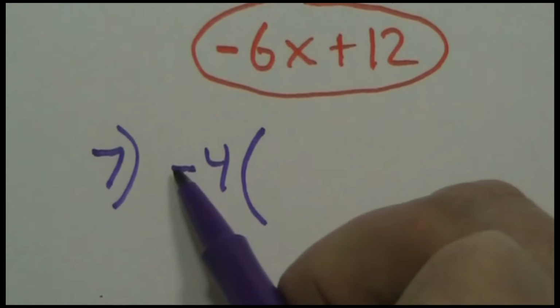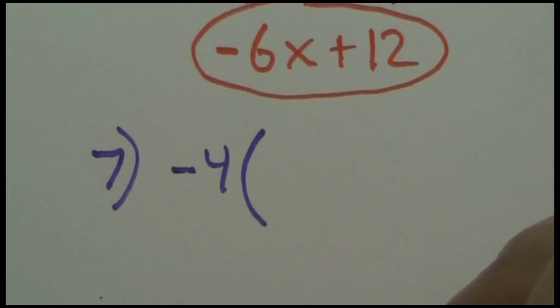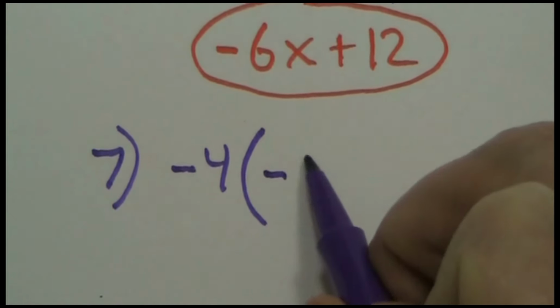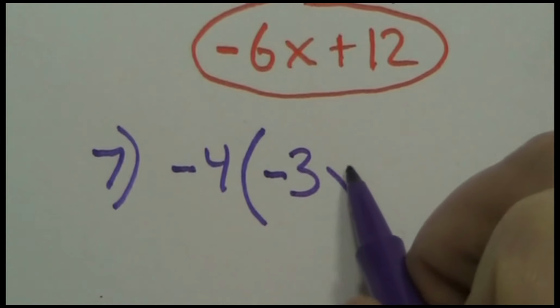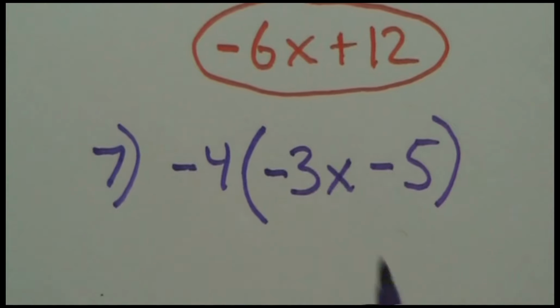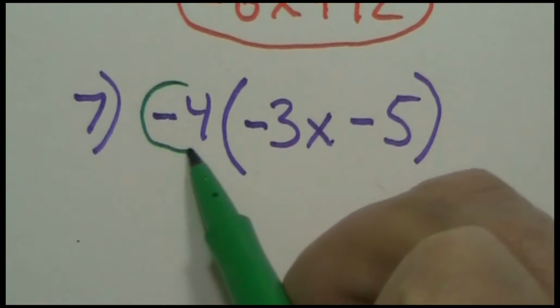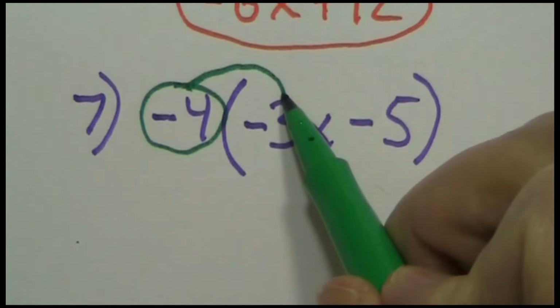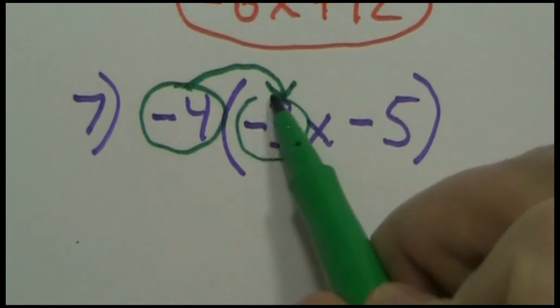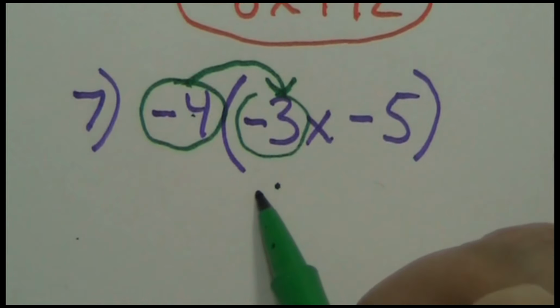Okay, number 7, we have the number -4, and we're going to distribute that to -3x minus 5. Okay, so you take -4, multiply it to this -3. 4 times 3, that's 12, excuse me.